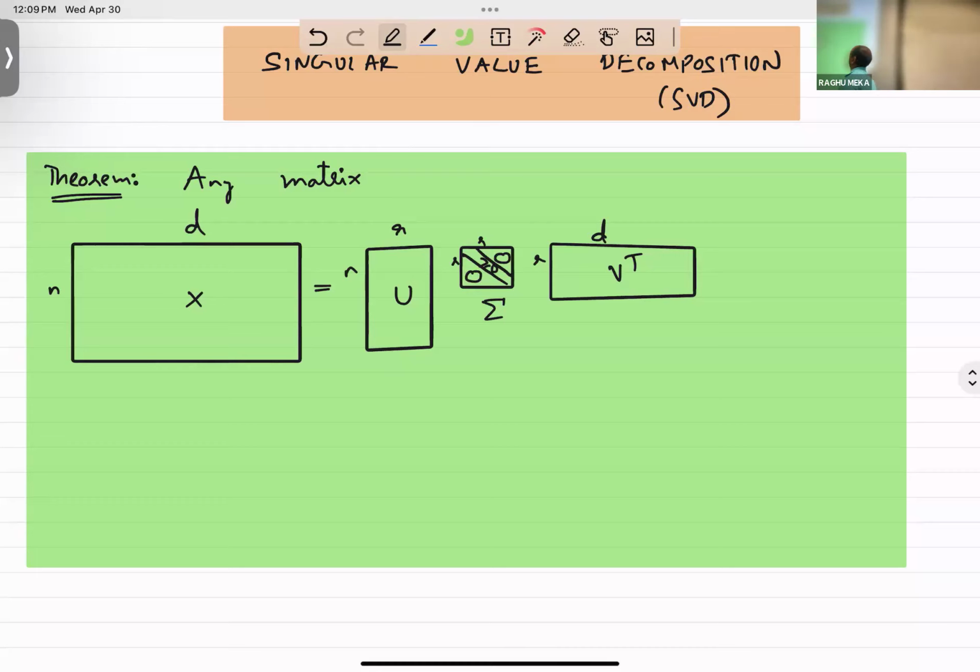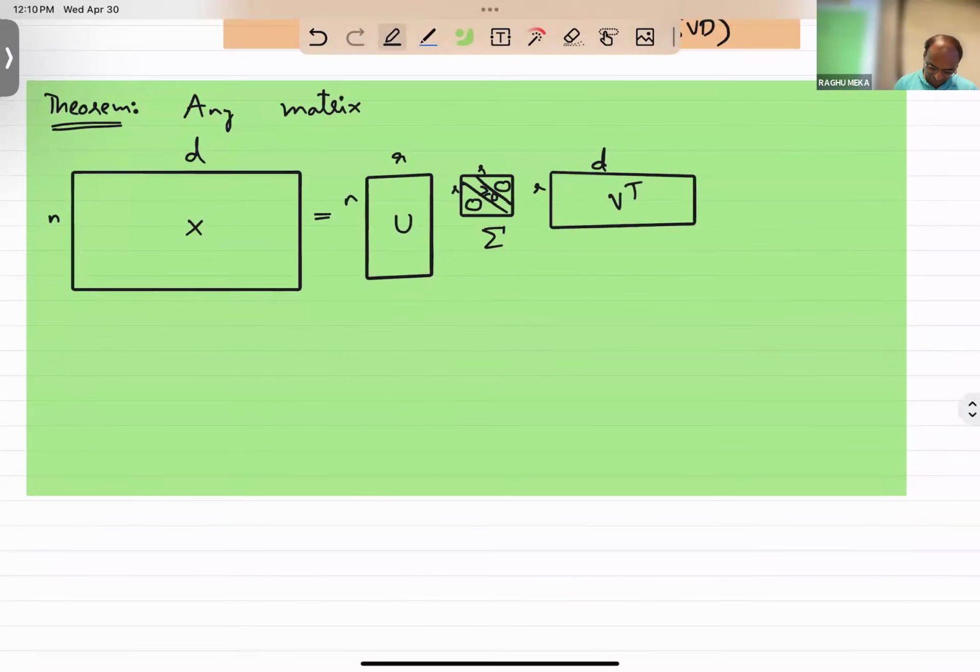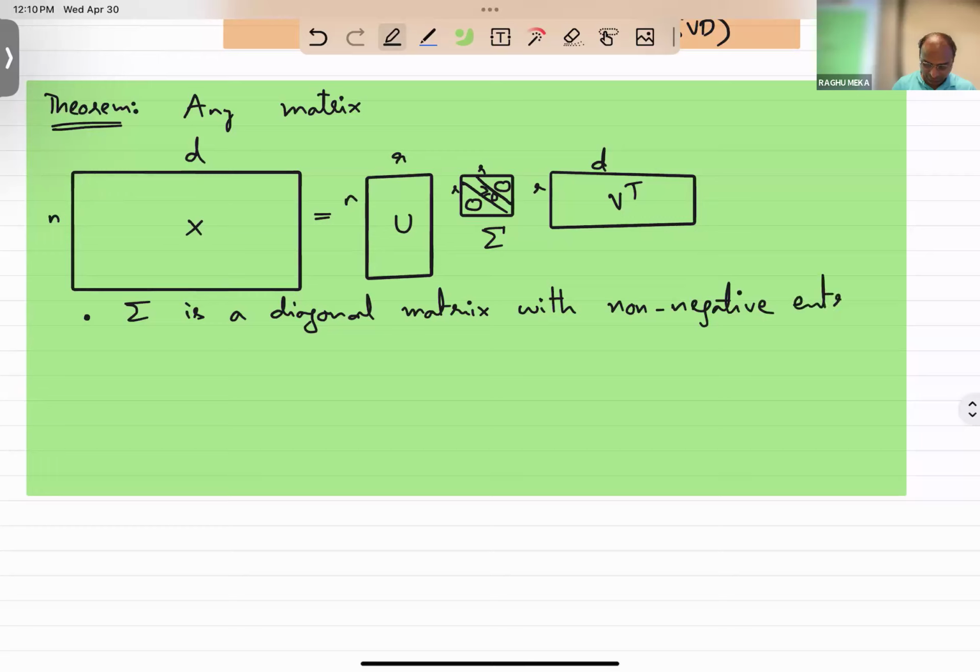So sigma is a diagonal matrix, and the entries along the diagonal are all non-negative. All right. So that's the first thing to keep in mind.